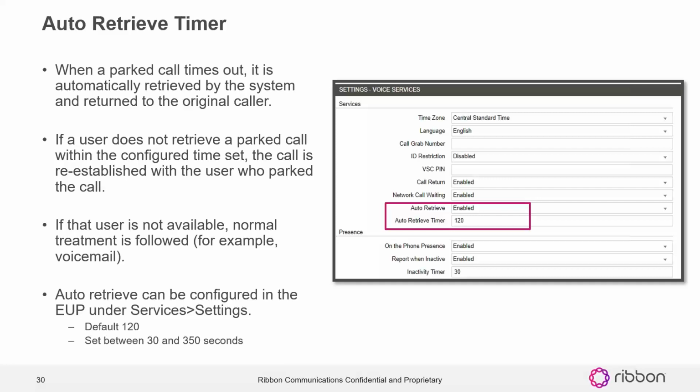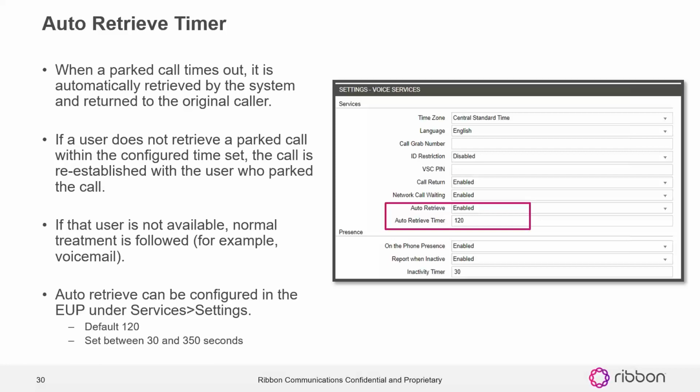That is set on a per user basis, in your own settings under your end user portal. When you go into your end user portal and go under your voice services, you can choose whether you have an auto retrieve timer set and then set that timing accordingly.